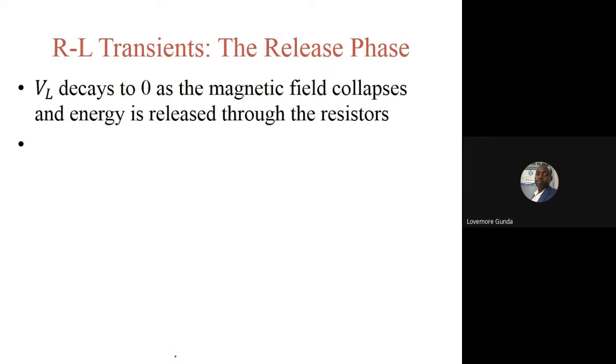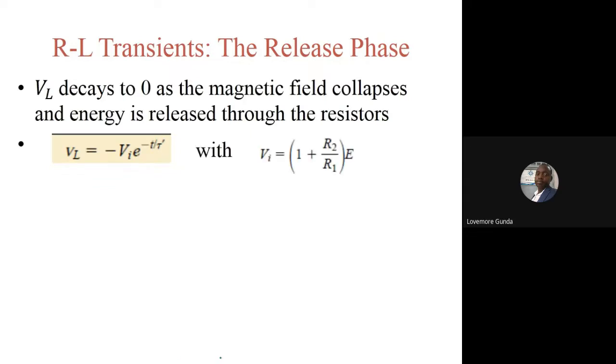So VL decays to 0 as the magnetic field collapses and energy is released through the resistors. VL is equal to minus VI exponent of minus t over tau, right? Remember, we now have two resistors in series with our circuit, R1 and R2. VI becomes the initial voltage, which I was explaining, given by that expression.